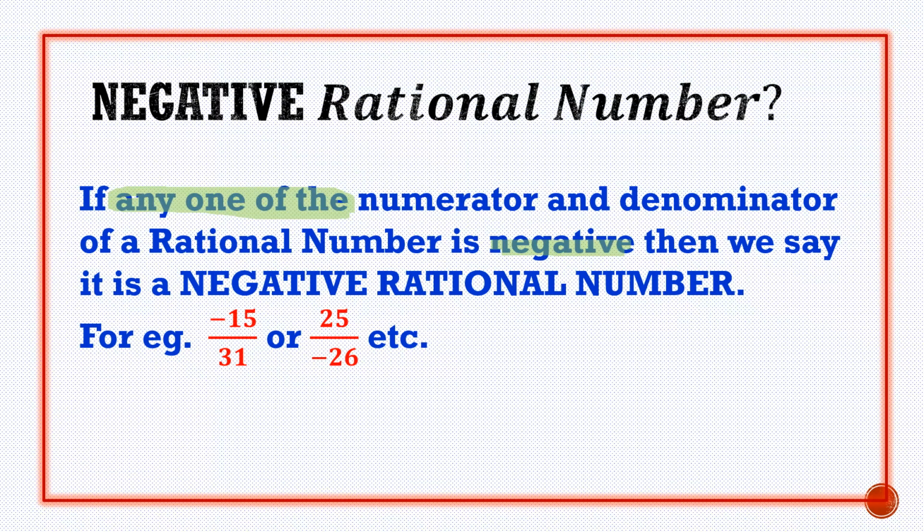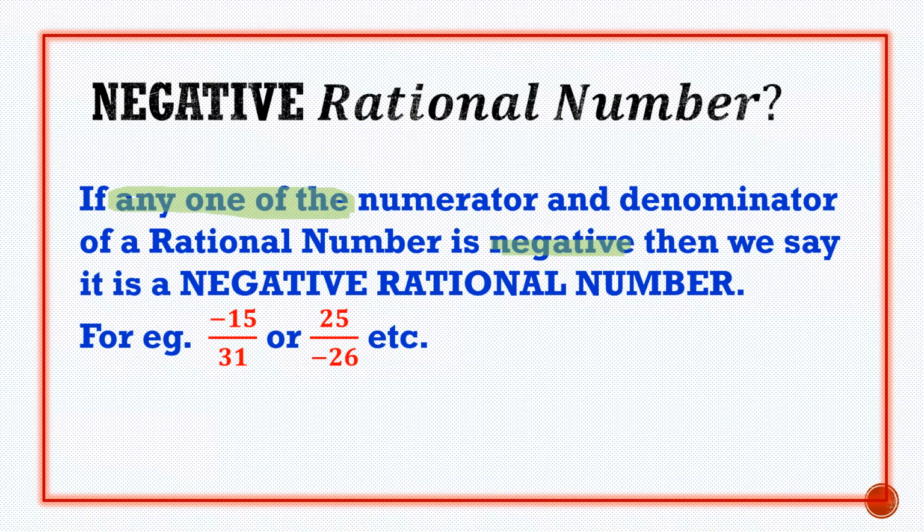When can we say? When any one of the numerator and denominator has a negative sign, whether in the numerator or in the denominator, anywhere the negative sign comes, we can always shift the signs, but that type will be a negative rational number.